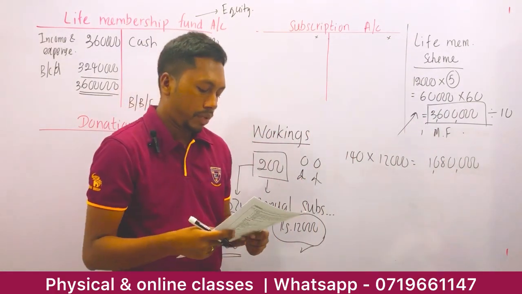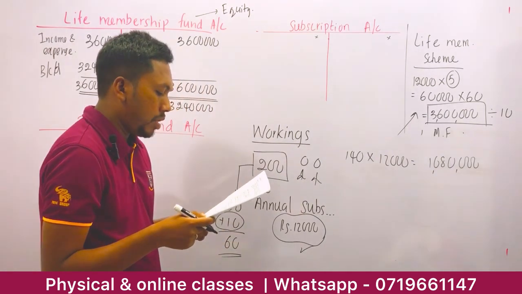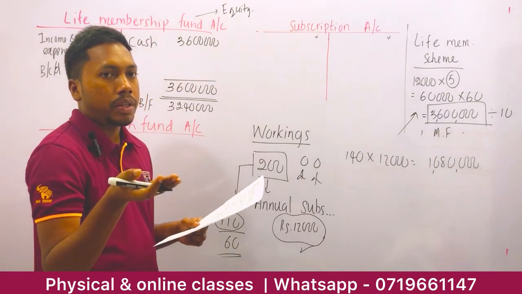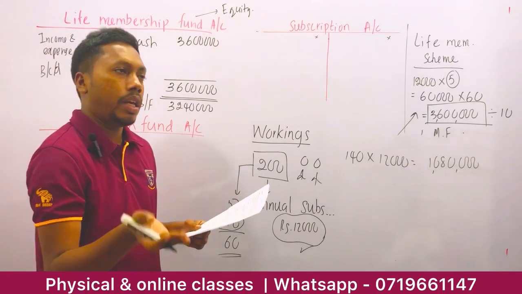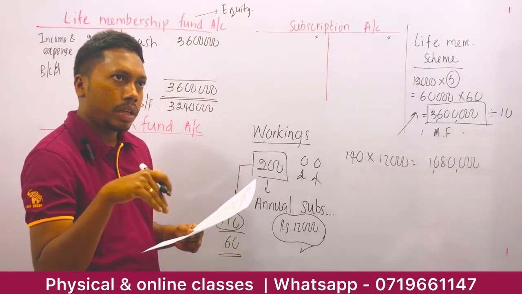That is for the current year. Out of these, 15 members paid the annual subscription for the next year as well. They have already paid the current year and have paid for the next year in advance.